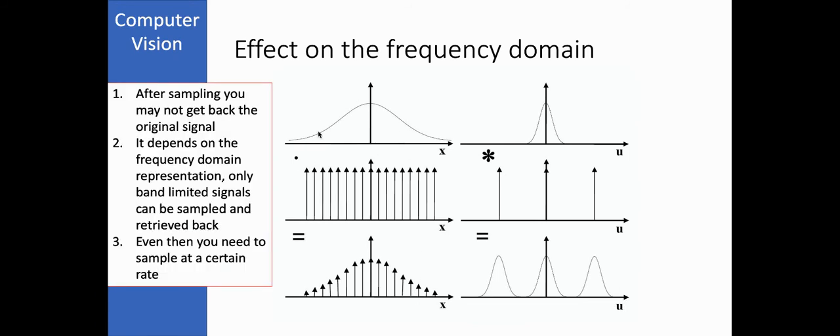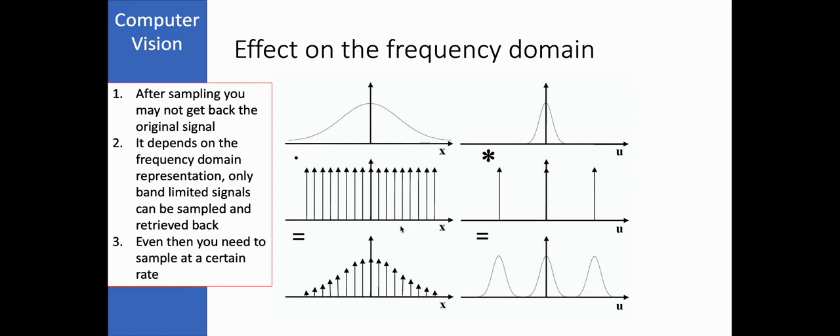But this is not always the case, because after you do the sampling, you lose some information. In most cases, you may never get back the original signal. This really depends on the frequency domain representation of the original signal. If it is band limited, like the case shown here, then you can really retrieve it back.